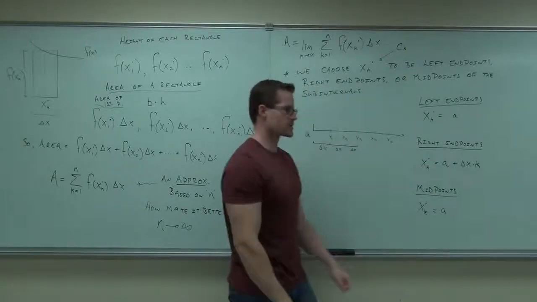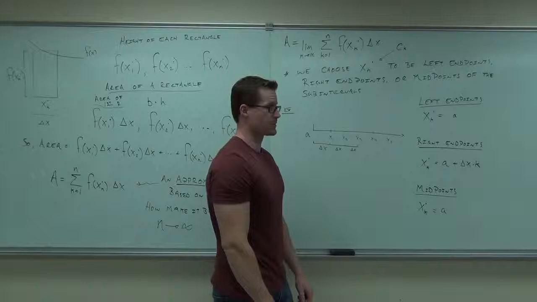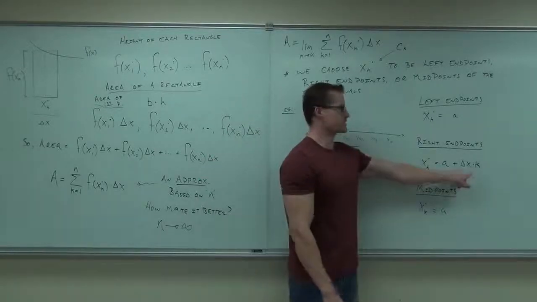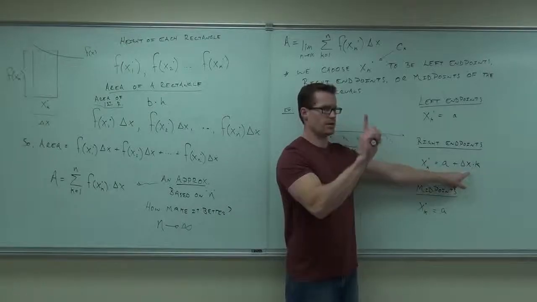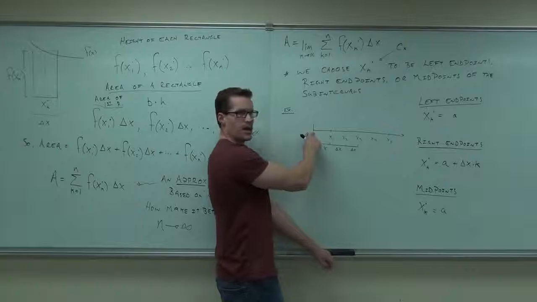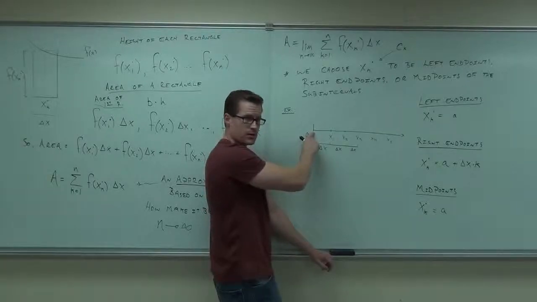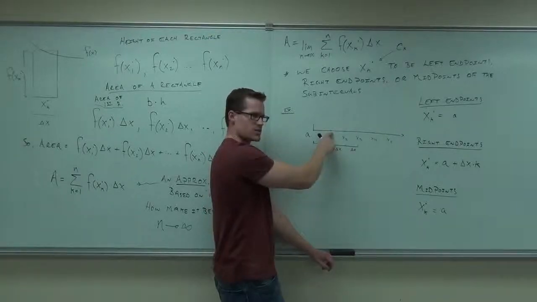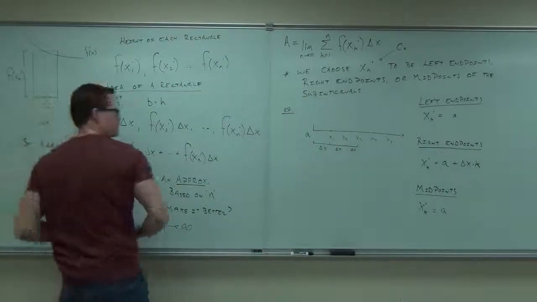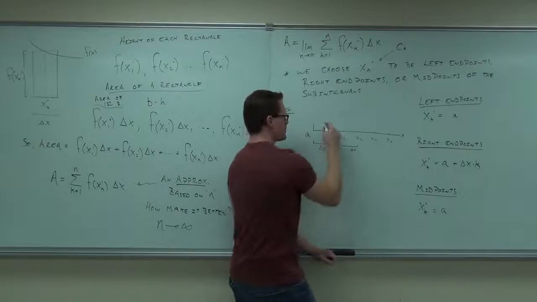That's for right endpoints. Let's talk about left endpoints. Left endpoints, I want to slow this down by 1. Because what I want to have happen is, I want to start here, right? And then on my second one, I want to be here. Does that make sense to you? I hope I haven't lost you, I really do. Right endpoints would be here.